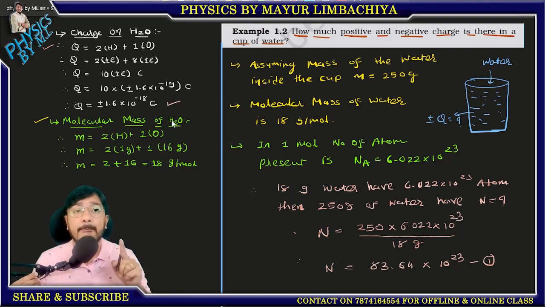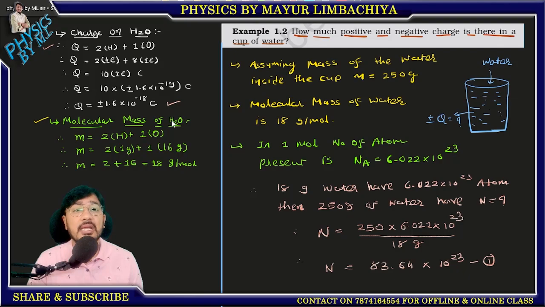That's why plus or minus e. So 2 into plus or minus e. Then if we talk about oxygen, oxygen has atomic number 8. So 8 protons, 8 electrons. That's why 8 plus or minus e will be present. If you calculate this, we have 10 plus or minus e.